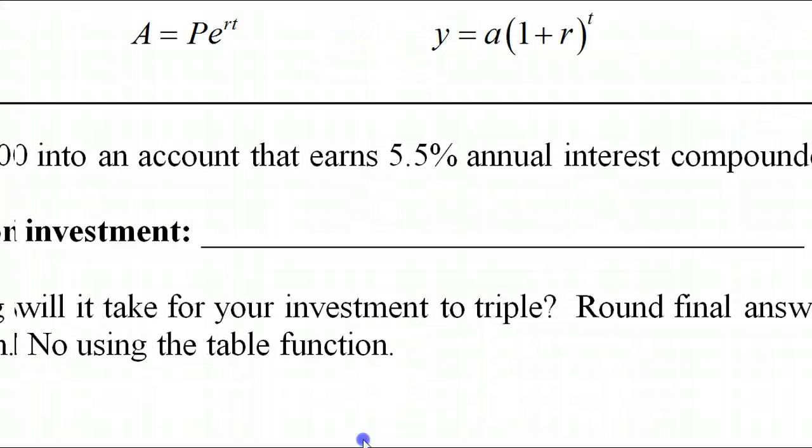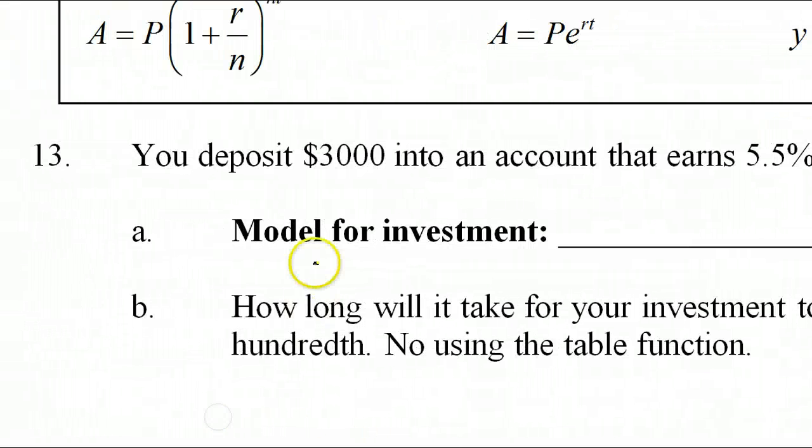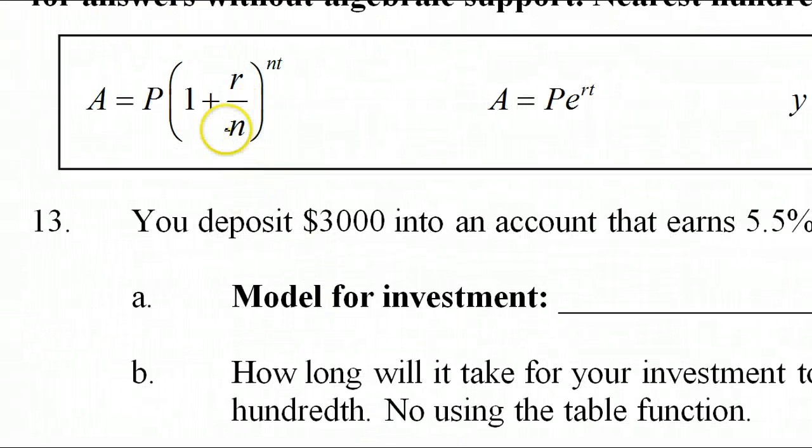N equals 4 in that case. So we're using the formula that involves compounding at certain intervals. Quarterly is 4, semi-annually is 2, monthly would be N equals 12, daily N would be 365, weekly N would be 52, that type of thing.